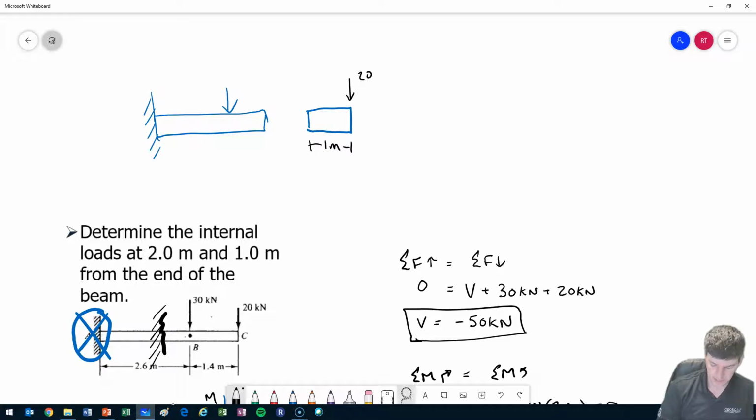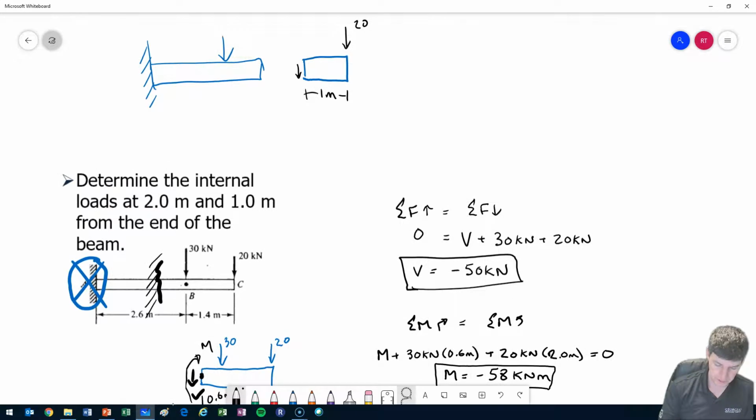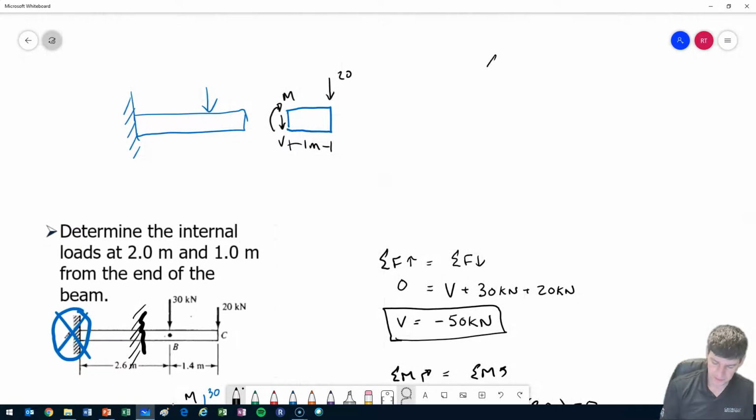And again, assigning at that interface, and I'll keep the same convention, V pushing down and M pushing up. And what that leaves me with is sum of forces up is equal to sum of forces down. So up is nothing, is equal to V pushing down plus 20 kilonewtons pushing down, and V is equal to negative 20 kilonewtons.